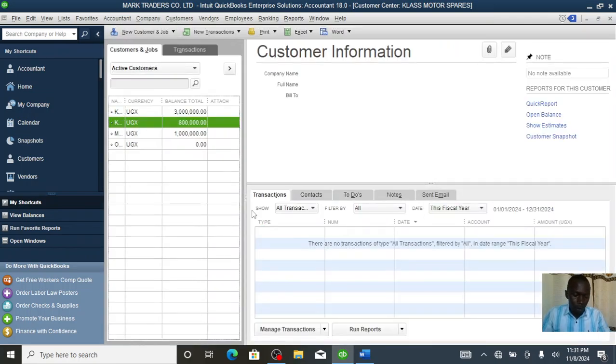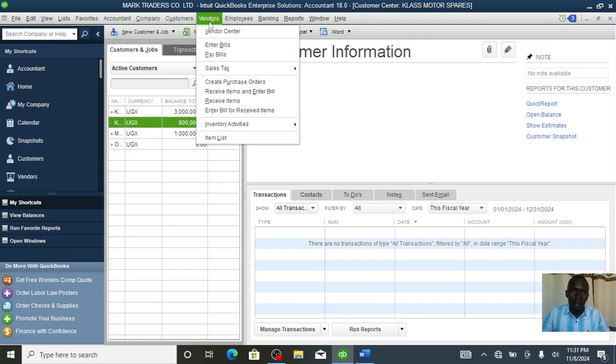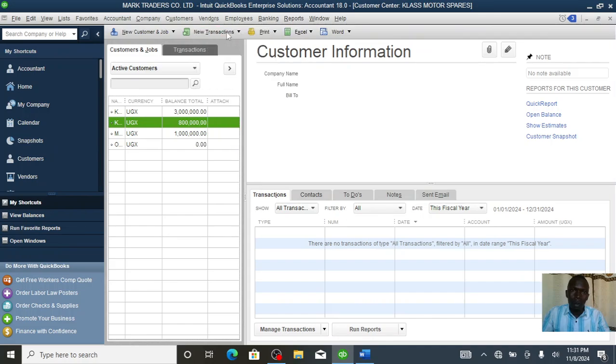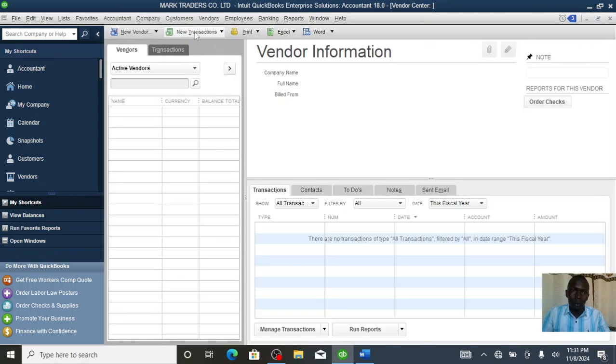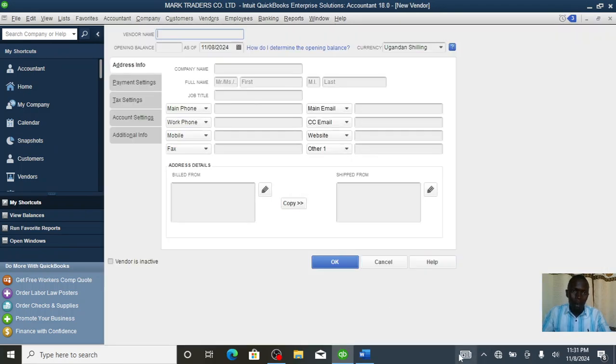Then our next transaction is suppliers, also known as vendors. We go to vendors. We go to vendor center. We create a new vendor. Our first vendor is Cover Resistors.